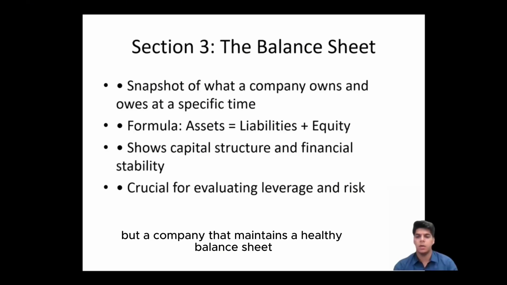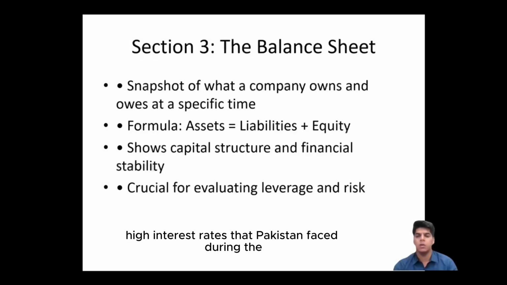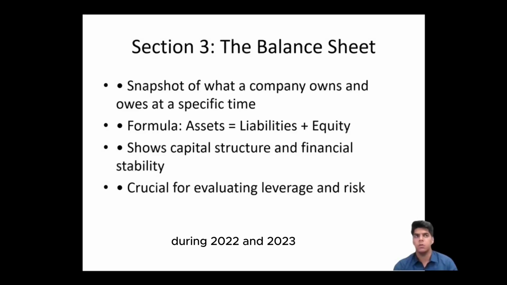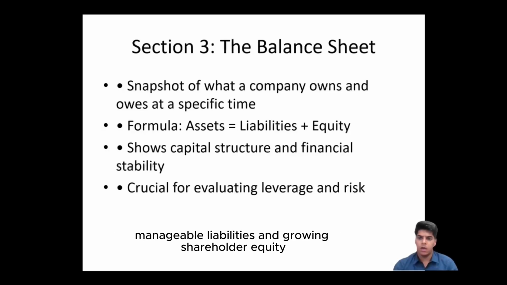But a company that maintains a healthy balance sheet between debt and equity can survive downturns and invest for growth. For example, Kohat Cement had little to no debt during the downturn cycle of 22% high interest rates that Pakistan faced during 2022 and 2023. Strong companies tend to have solid asset bases, manageable liabilities, and growing shareholder equity.